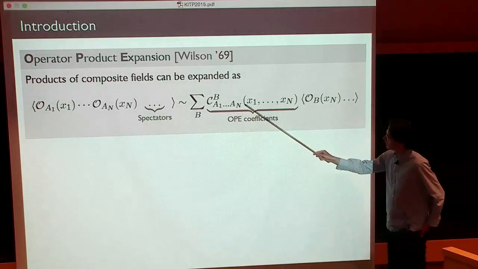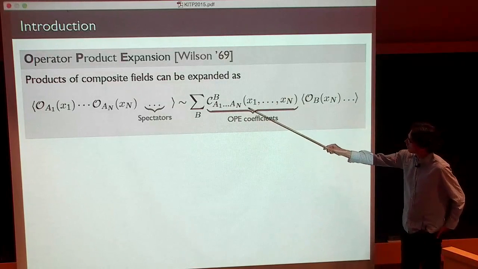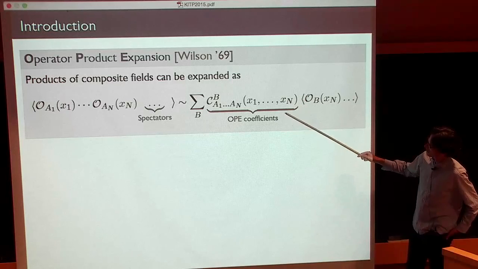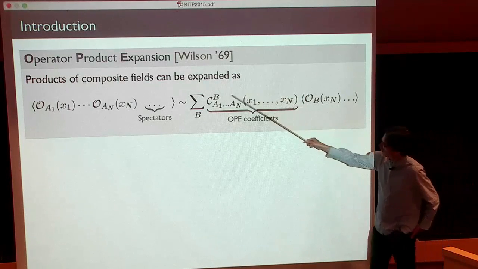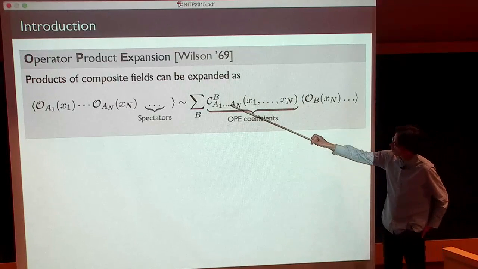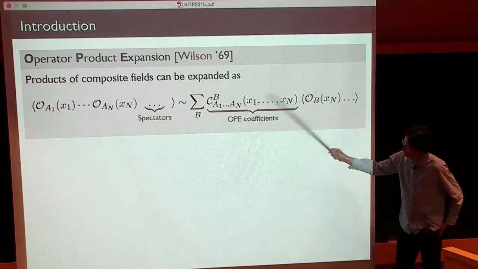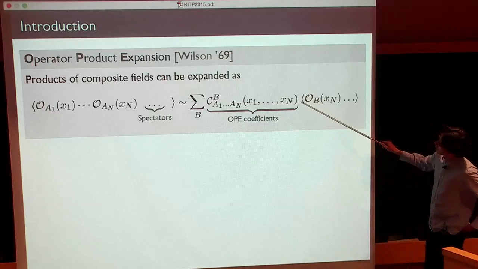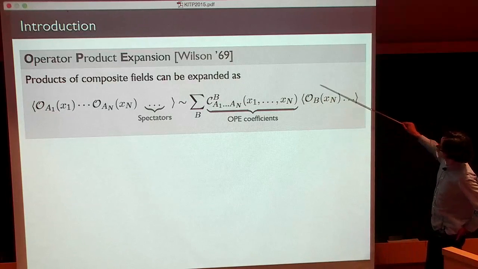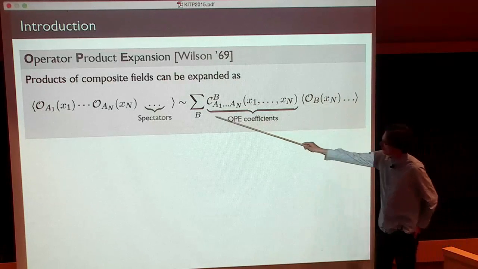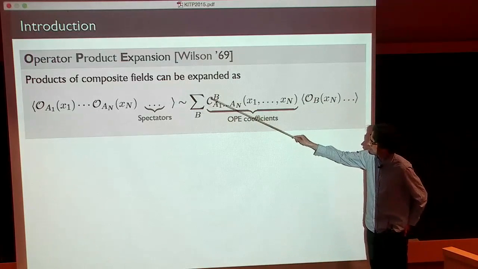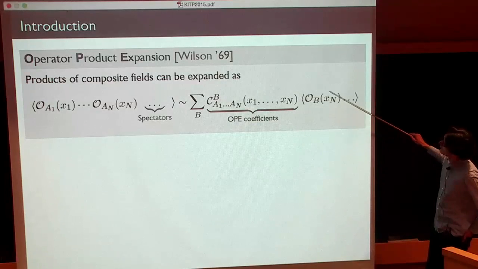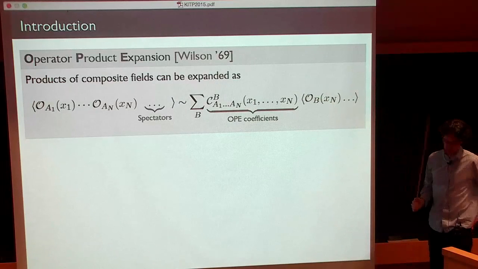Then the claim is you can expand, or factorize, such an expression in terms of certain numerical coefficients C, the operator product expansion coefficients, together with the expectation value of just this one-point function. So there's a sum involved here, over the set of all operators that appear on the right side.